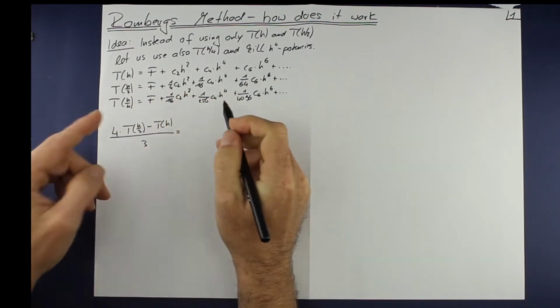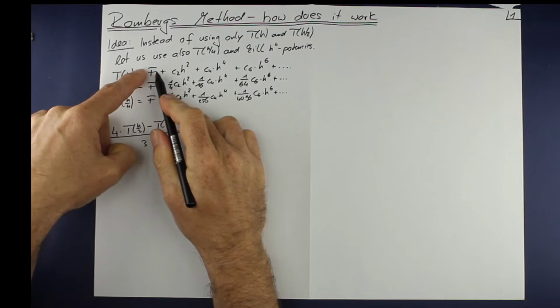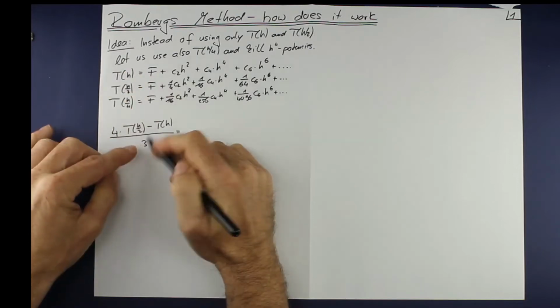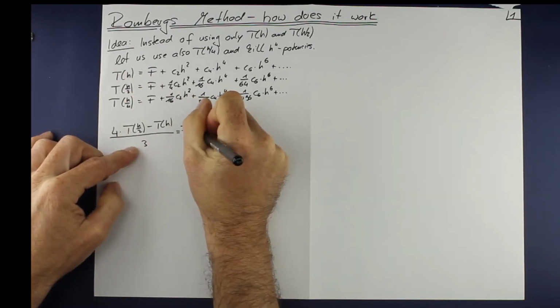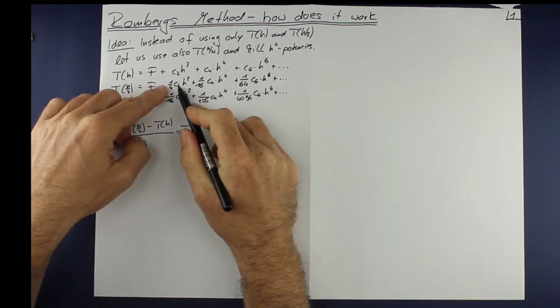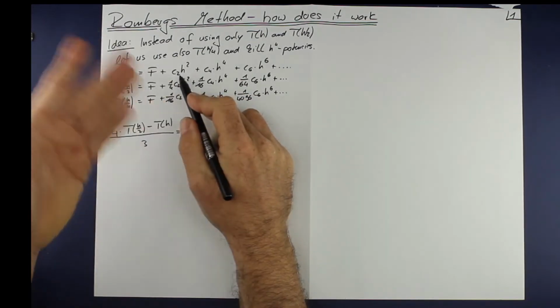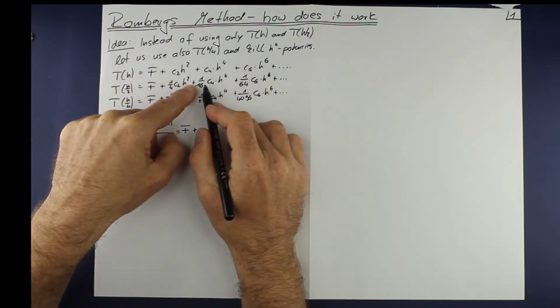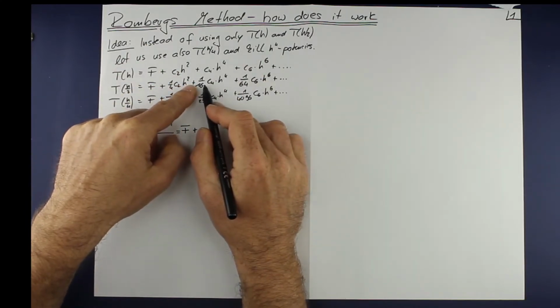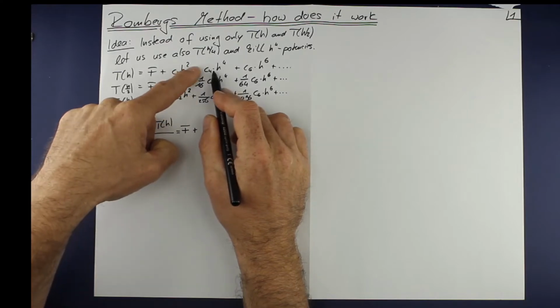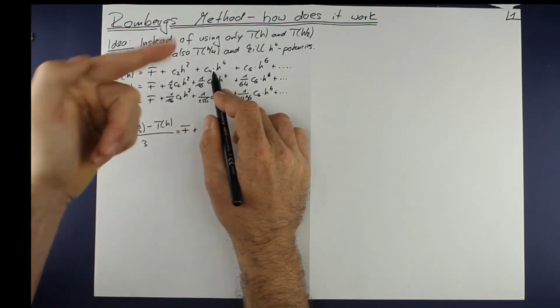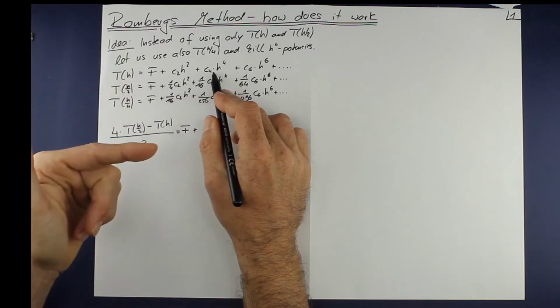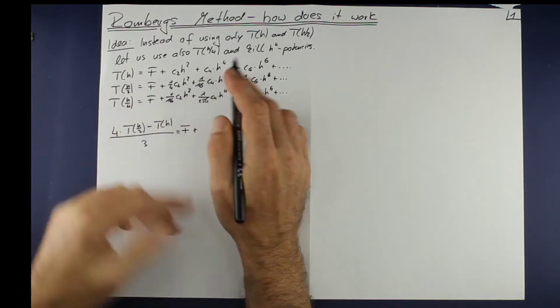And what do we get? 4 times that minus that, 3f divided by 3 is an f, plus 4 times that minus that is nothing. That's the reason why we did that combination. Now 4 times that is a quarter, minus that is minus 3/4, divided by 3 is minus 1/4.